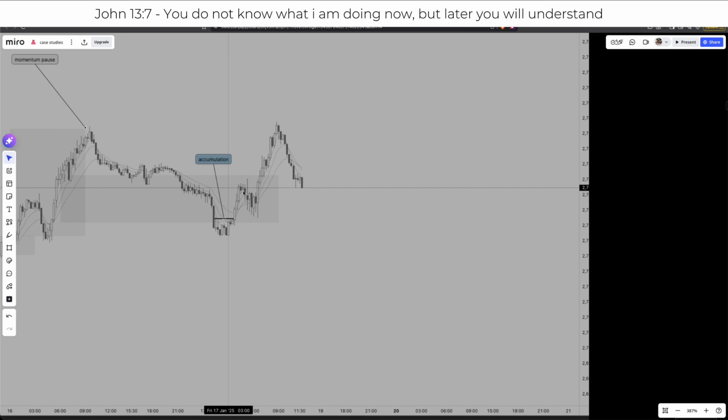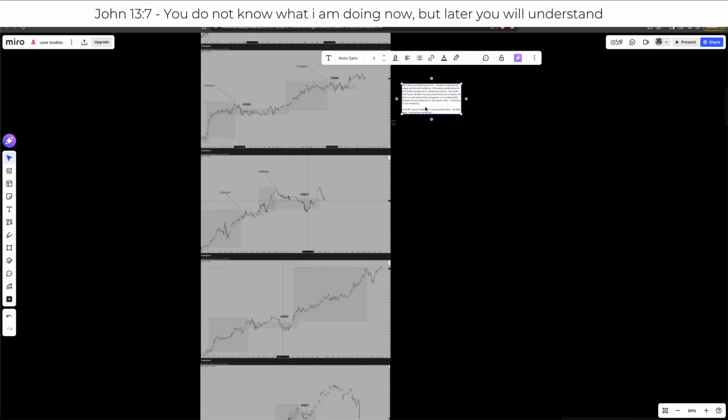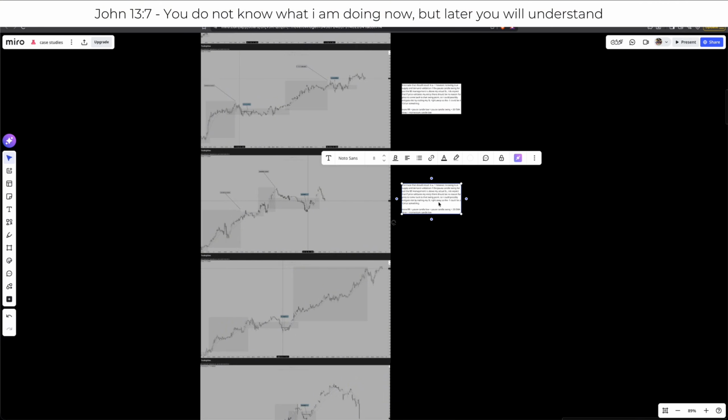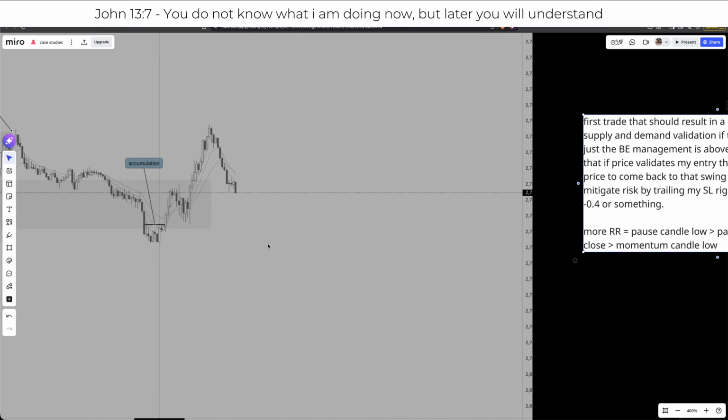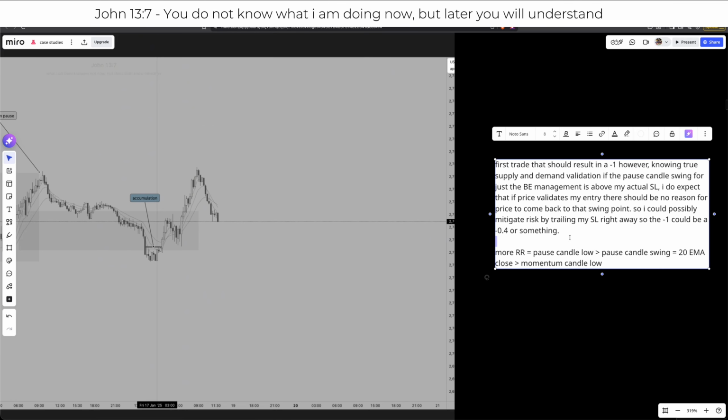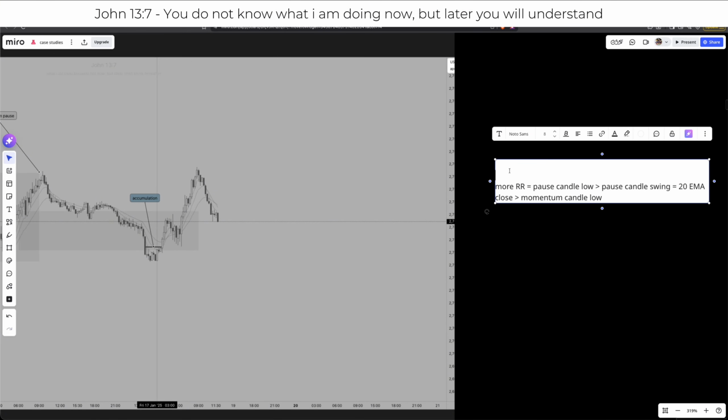Here, price doesn't create anything really. It just kind of goes and comes back and then goes, creates the pauses. Right, pause here is not really justified because it doesn't actually displace. Because there's no actual displacement, I can't really count this as a pause. Looks like price just kind of comes back to my entrance. So we allow price to breathe a little bit, but it does close under the 20 EMA.